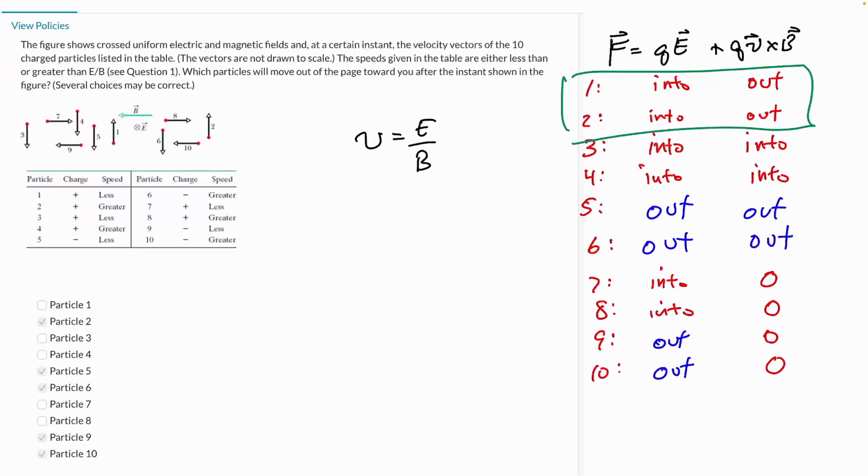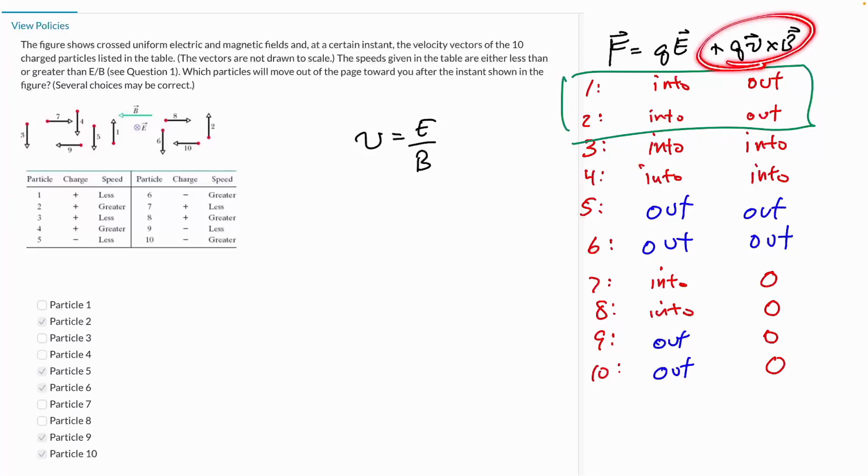If V is small, if this speed isn't going very fast, what does that mean for this term right here? It's going to be small, and so therefore this term will win. The electric force doesn't depend on the velocity, does it? Okay. What if V is really big?